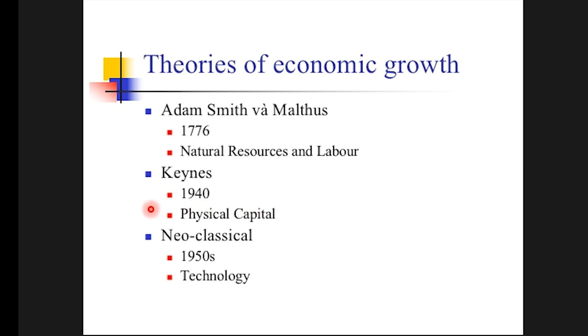And after this period, World War II damaged many factories in the world, but the economies still survived and developed quickly. Japan became a miracle of growth in this period.